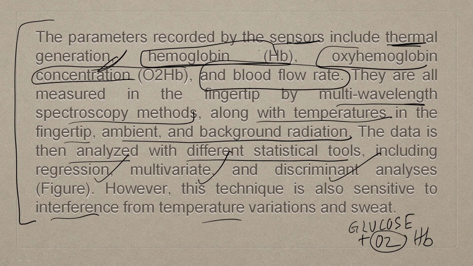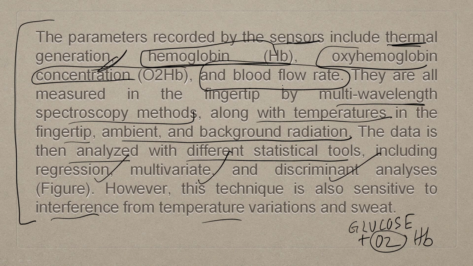That means hemoglobin standalone and the hemoglobin saturated with oxygen. Hemoglobin has multiple sites where the oxygen binds. There are 4 different sites where oxygen binds. Okay, so fully saturated, partially saturated, so on and so forth, and the blood flow rate.